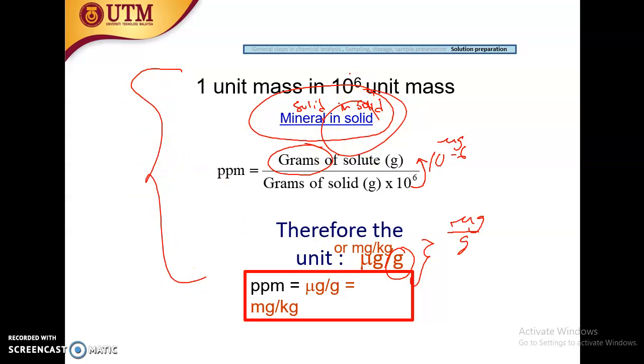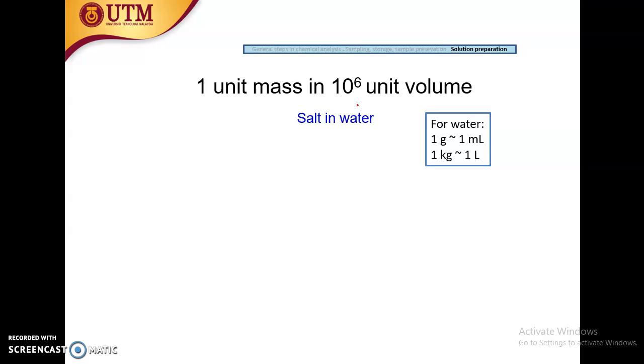But what if you want to do it in solution? You can use this ppm in solution if you are working with solid dissolved in water, what we call aqueous, any aqueous solution. Can we use ppm if you dissolve 100% in methanol?